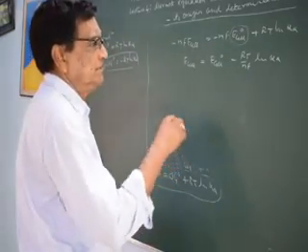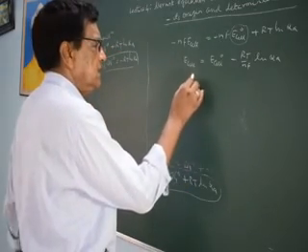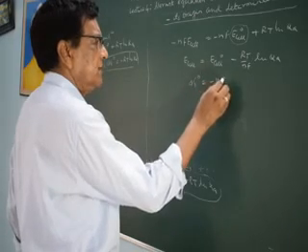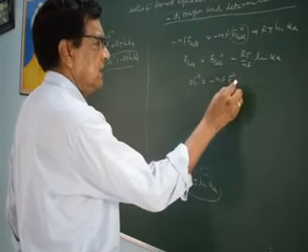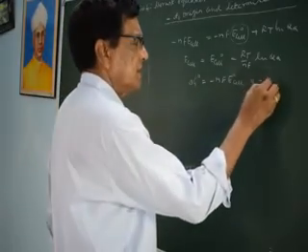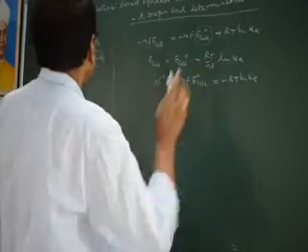And again, del G naught equal to minus nF E naught cell, and this also equals minus RT ln KA.